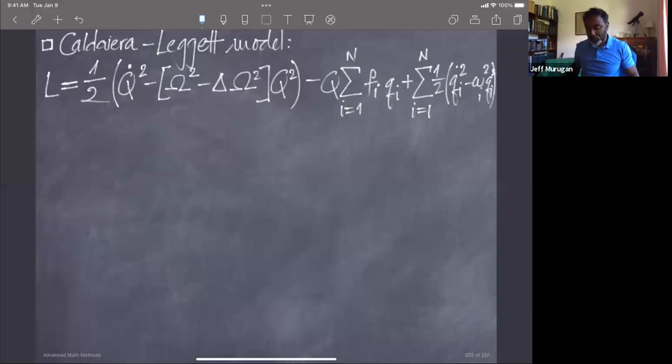Okay, so let's unpack each of these things. The dynamical variable that we're interested in is this variable Q. So this is the macroscopic quantum variable that we're interested in.